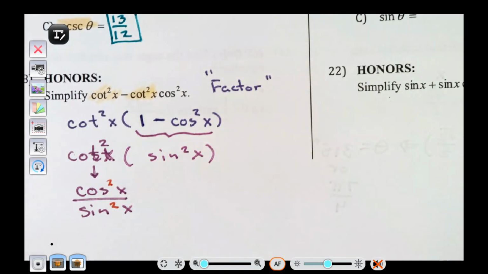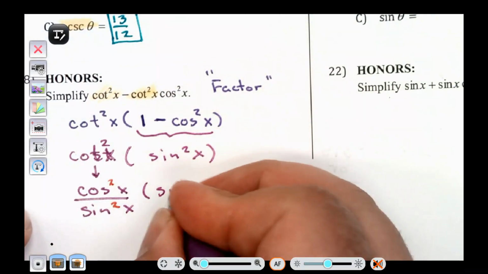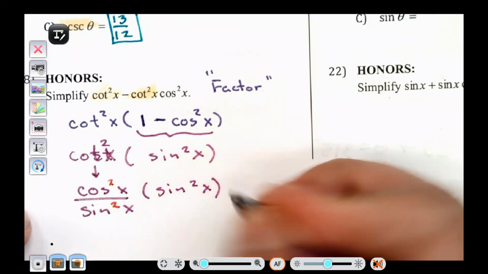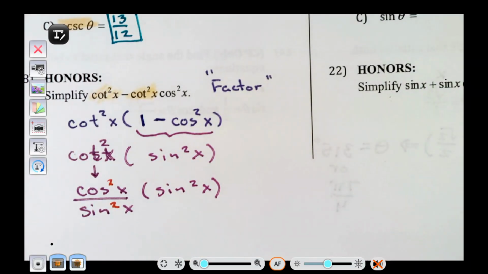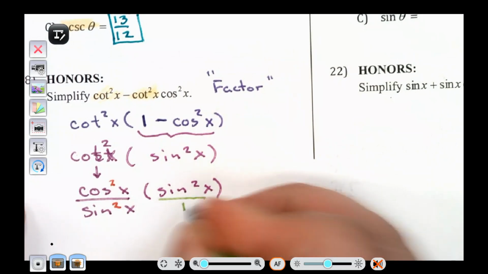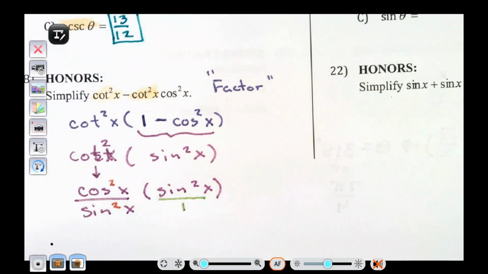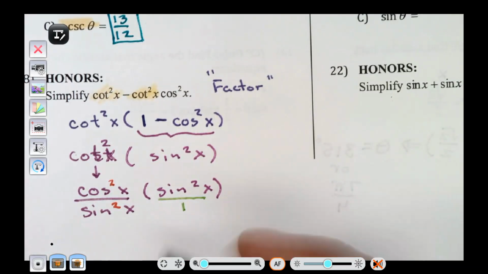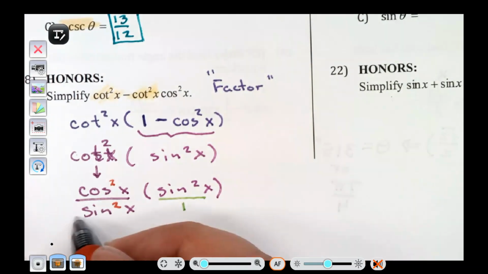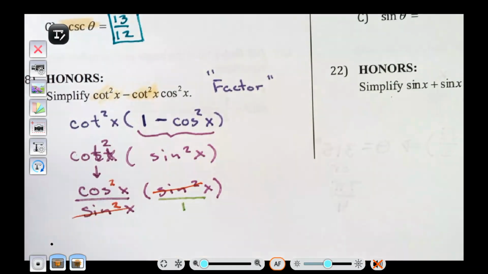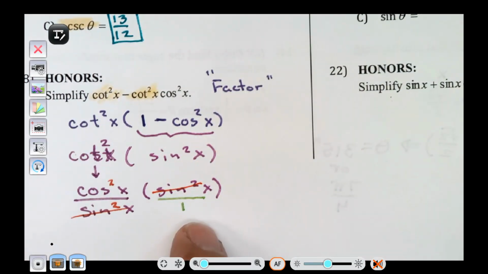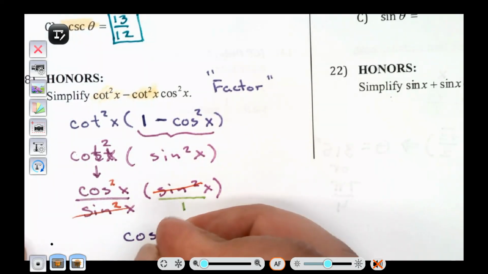Now, this side was done. I don't want to mess with it. It was just sine squared x. And now that you look a little closer, notice, if I were to put a 1 under it, you should be able to see that you have a sine squared at the bottom of a fraction. They're multiplying, which allows canceling to occur. And then there's a sine squared here. Look at that, they're gone. And the only thing left, because the 1 doesn't do anything for me, is cosine squared x.